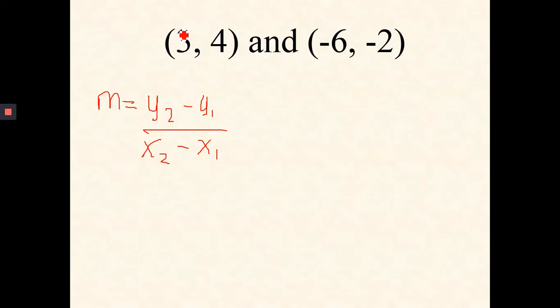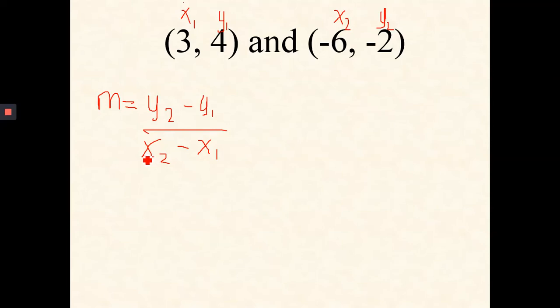You can name this as x sub 2, y sub 2 if you want, okay? But it would be better you have here as x sub 1 and then y sub 1. And we have here x sub 2 and then y sub 2.